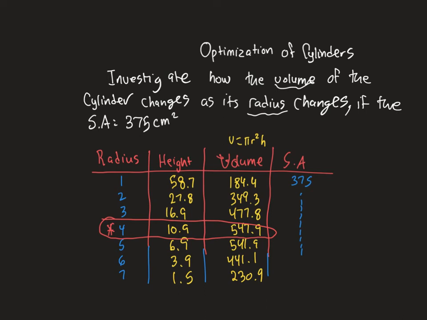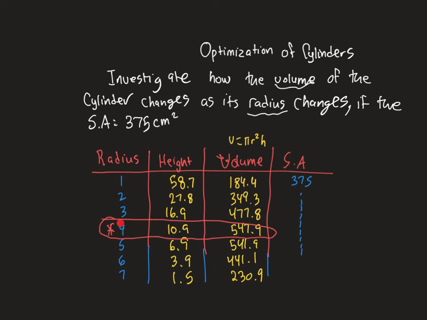Now, when you're looking at getting the maximum here, when is it happening? Well, here you're having your height, you're having your radius, and each time you're getting bigger and bigger and bigger. The second you get to the 4, it starts going smaller past this point. What's the relationship between these two?